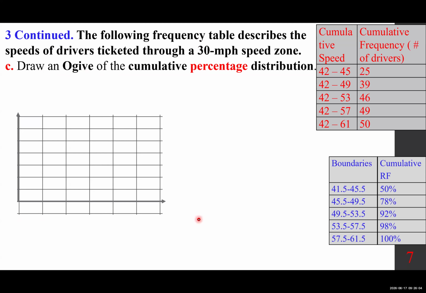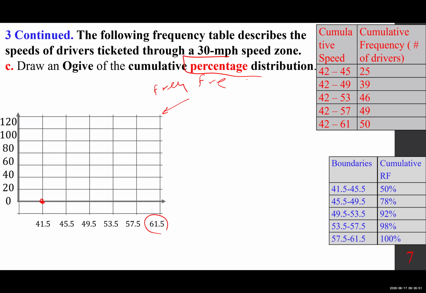So how does this work? The lower boundary of the first class corresponds to 0. So we start from 0. Now, if they said frequency, the upper boundary of the last class corresponds to the frequency, but they said percentage, so this corresponds to 1 or 100%.